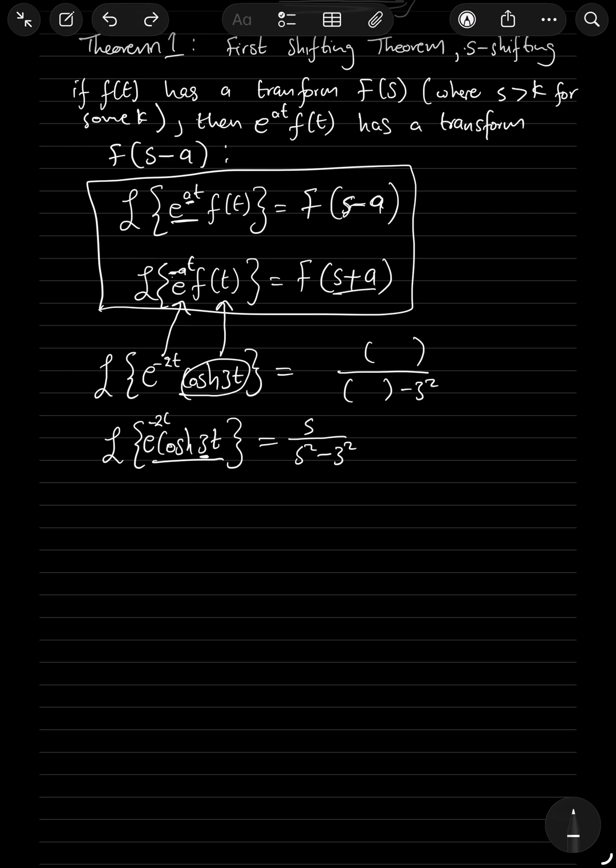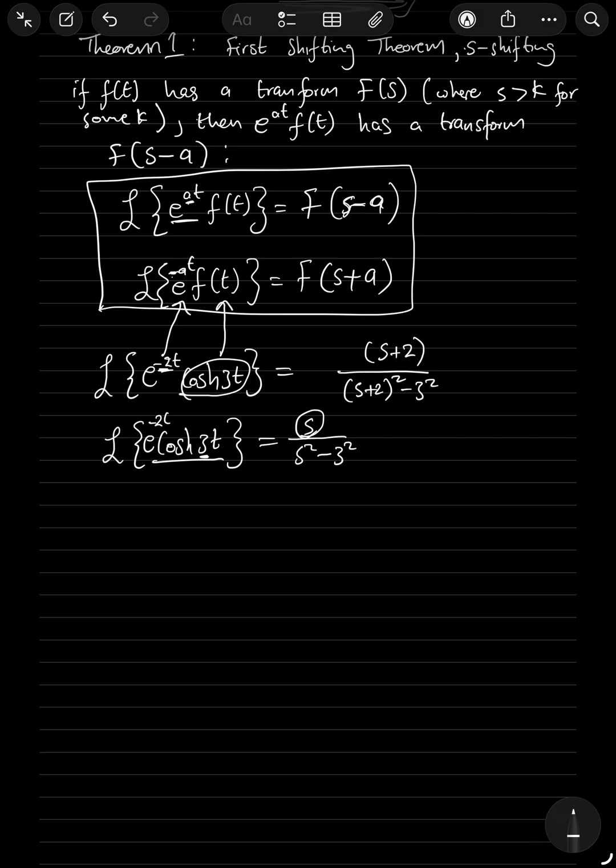So now coming back to this one, here we have negative 2, right? You see we are supposed to have s here. But since it's the first shifting theorem, it's going to be s minus negative 2, which is going to be plus 2. That's why you are getting the positive, because it's minus. Same thing here, s plus 2.